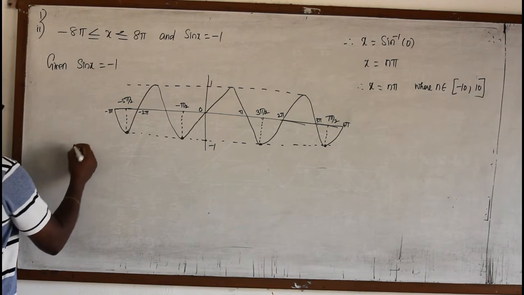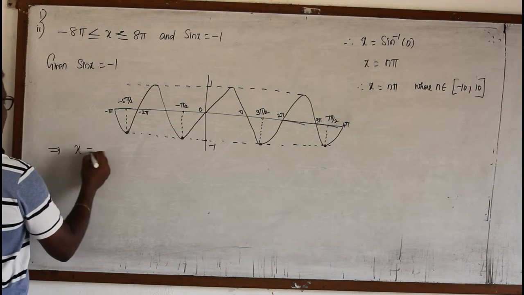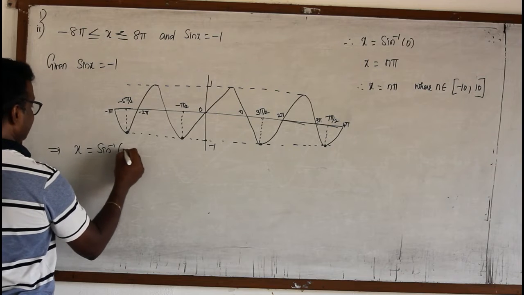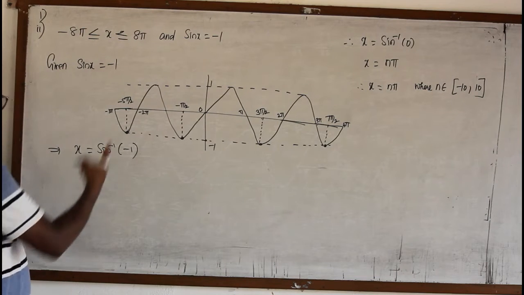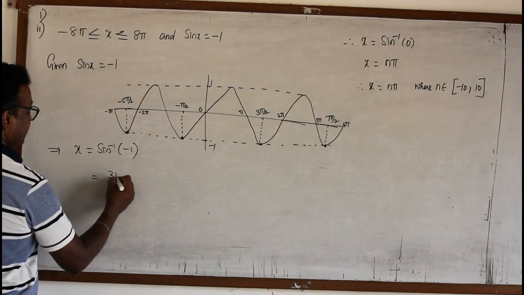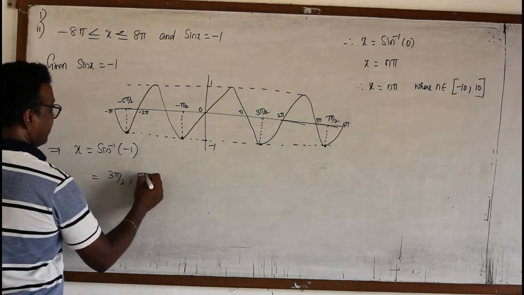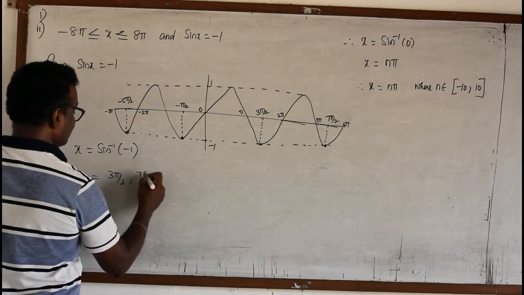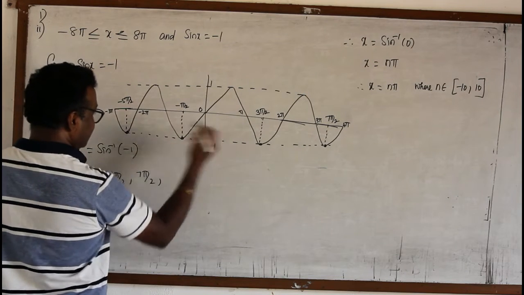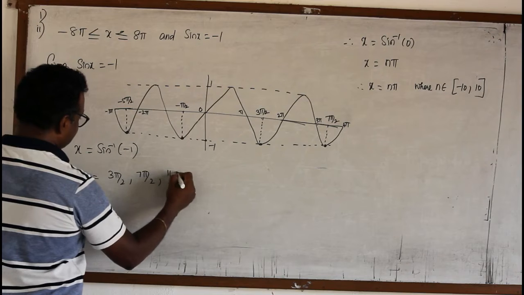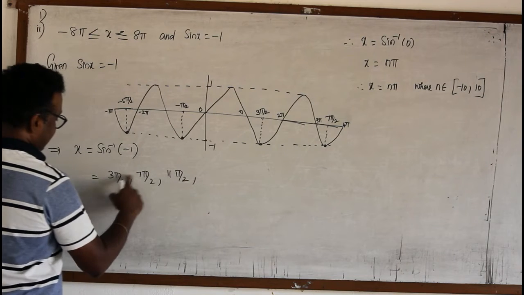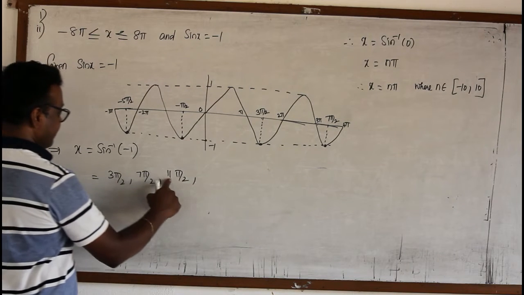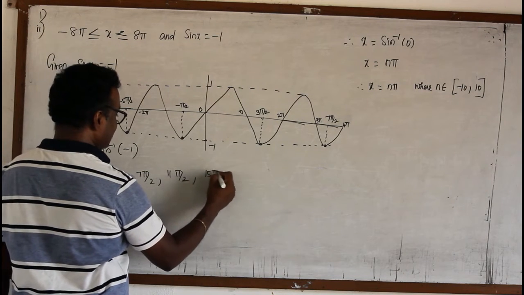Now, in these values, I have sin x so that it becomes minus 1. So, x equal to sin inverse of minus 1. That means I can write all the values as 3 pi by 2, comma 7 pi by 2, comma next one will be 11 pi by 2. They are in a difference of 4. Then 11 plus 4, 15 pi by 2.